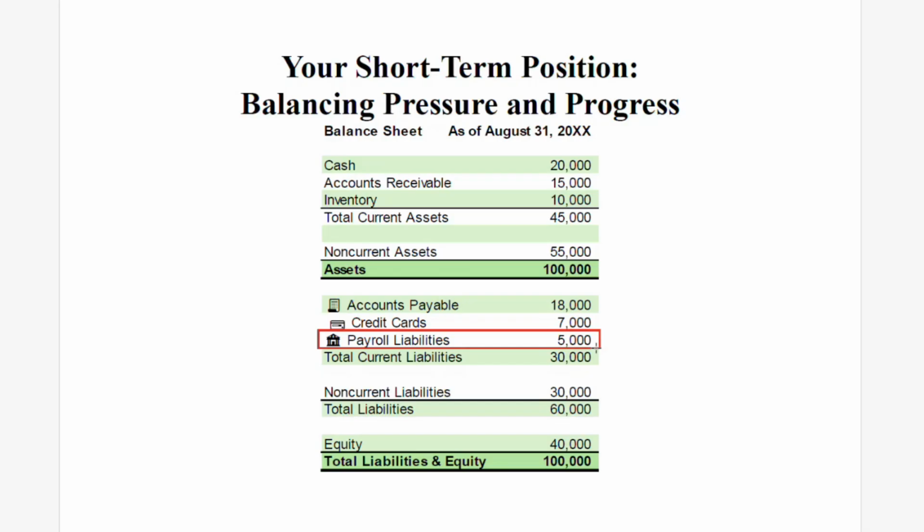But cash flow wise, it's paid in January, right? So basically, payroll liabilities is a mechanism for getting the expenses into the proper period. At the last day of the month, you're going to have those payroll liabilities on your books, and then they get paid once you run payroll and you pay your people. Okay? So those are all considered current liabilities because you pay them so quickly.